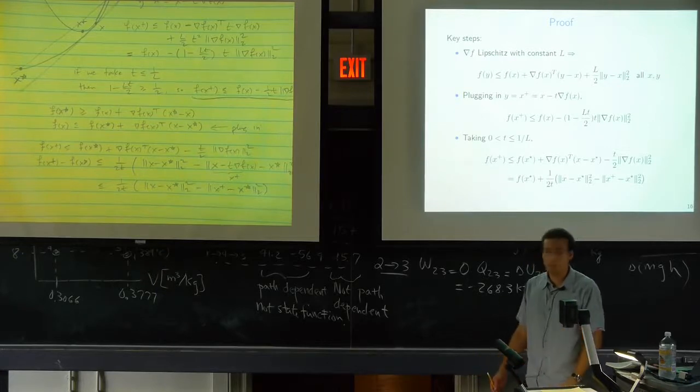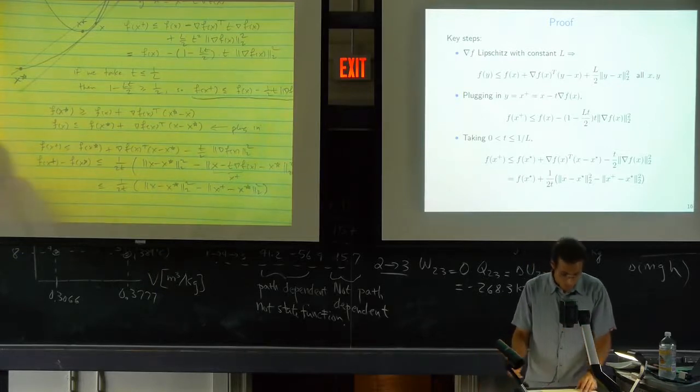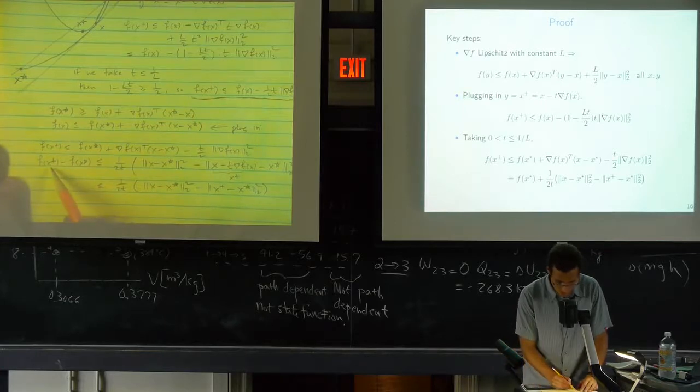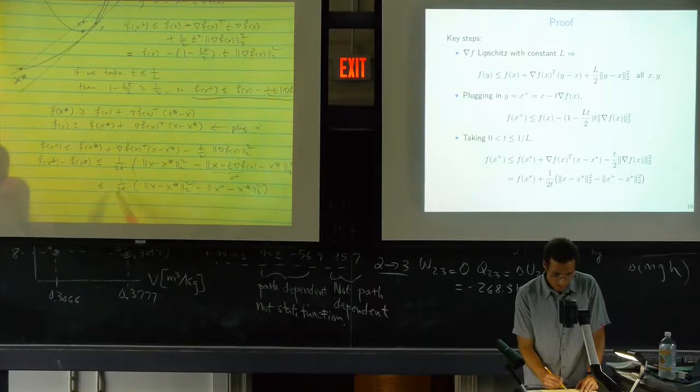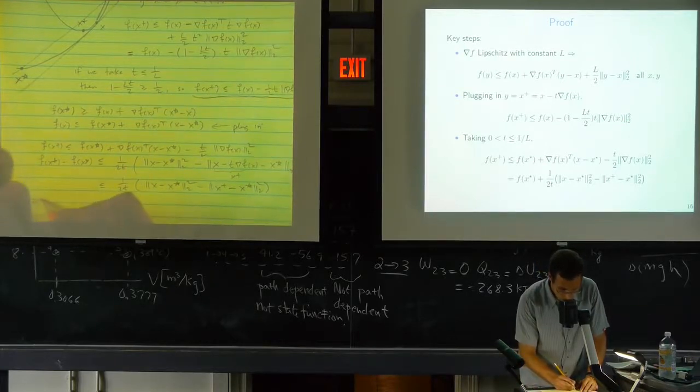I mean, we could also just add up these bounds. So this is telling us that, say, f of xk plus 1 minus f of x star is less than or equal to something in terms of xk minus x star and xk plus 1 minus x star. So let's just sum this up over i going from 1 to k.